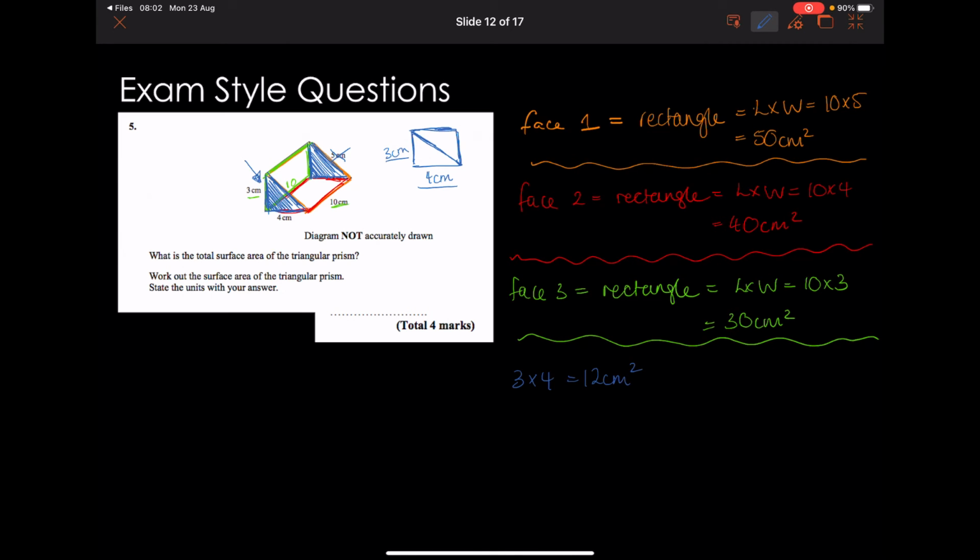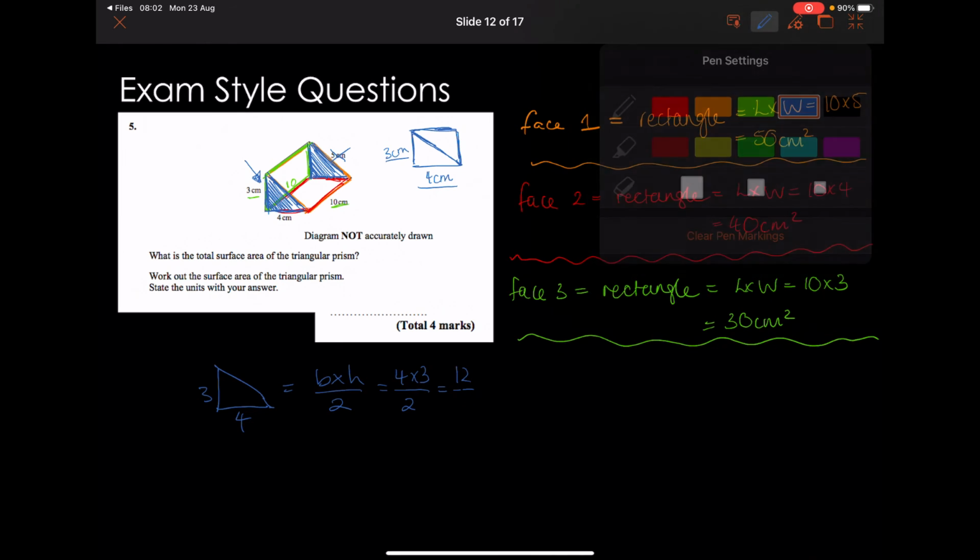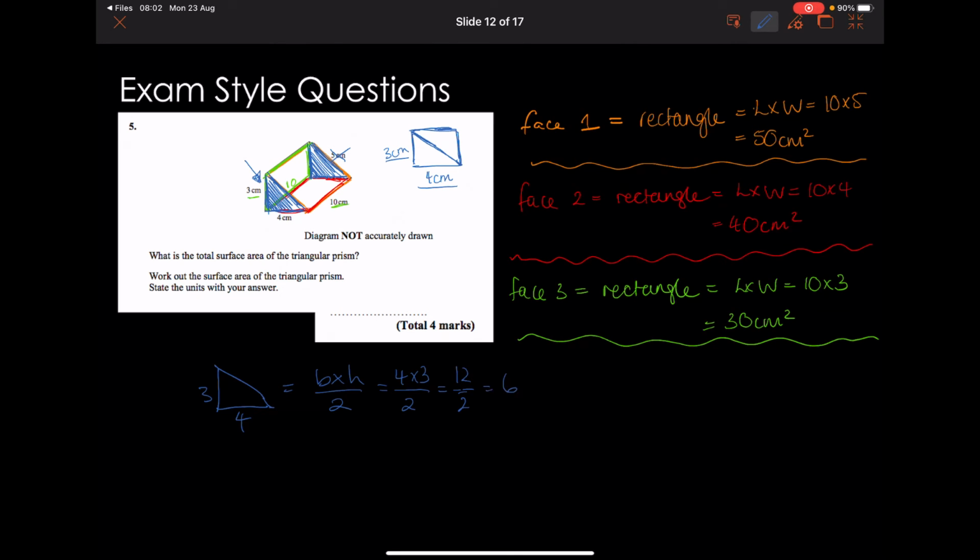If I wanted to, I could do the area of my triangle. That's 4, that's 3. The area of my triangle would be base times height over 2. 4 times 3 is 12, over 2 is 6. Because we divide by 2, that gives us 6 centimeters squared for this first triangle.